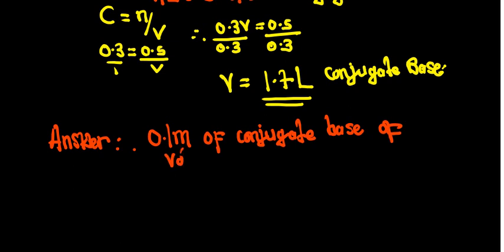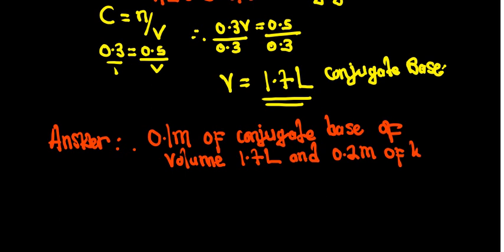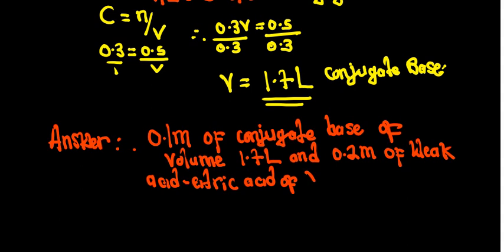The conjugate base has a volume of 1.7 liters, and we also need 0.2 molar of the weak acid. And the weak acid in question here is what? The citric acid. Of volume what? Of volume 3.3 liters. So this is how you prepare this buffer.